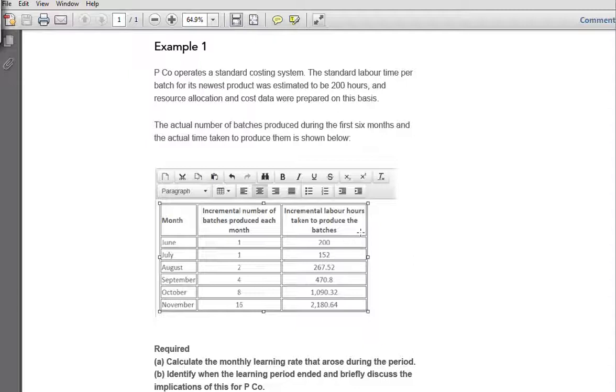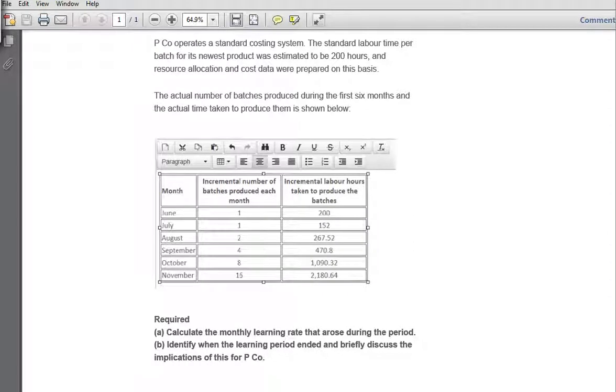So what does that mean? On top of that 200, we spent another 152 hours to produce the second batch, right? The incremental time. August, we produced two more and the incremental time is 267.52. Similarly, September, October, and November are given to us.